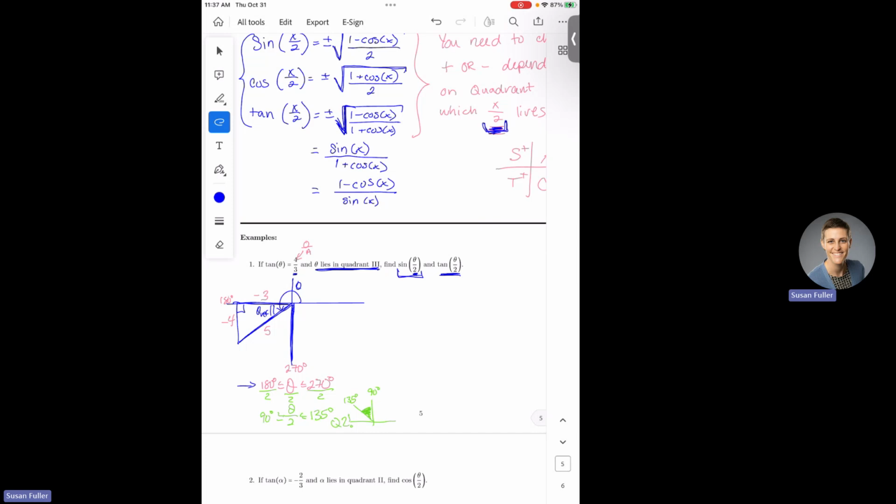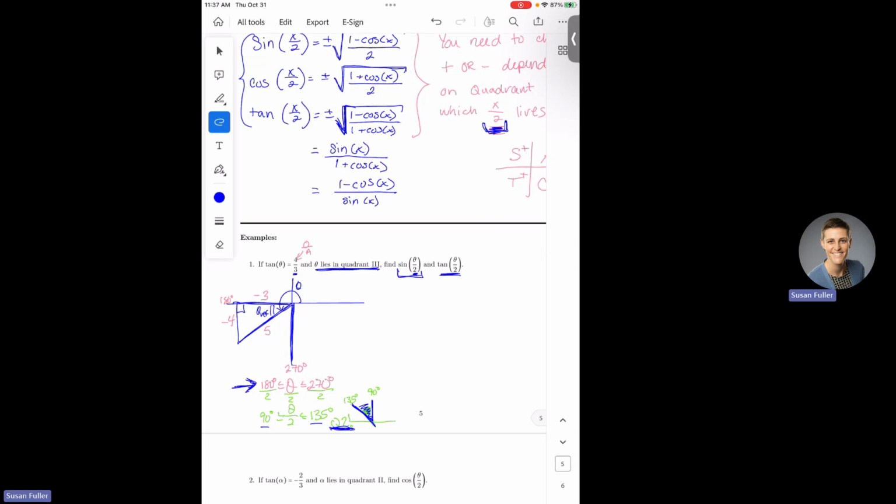And so to figure out where theta over 2 lives, you're going to divide this entire inequality by 2. So if theta is between 180 and 270 degrees, dividing everything by 2 tells me that theta over 2 has to be stuck between 90 degrees and 135 degrees. 90 degrees is up here, 135 degrees is over here. I have to be in here somewhere, which puts me in quadrant 2.